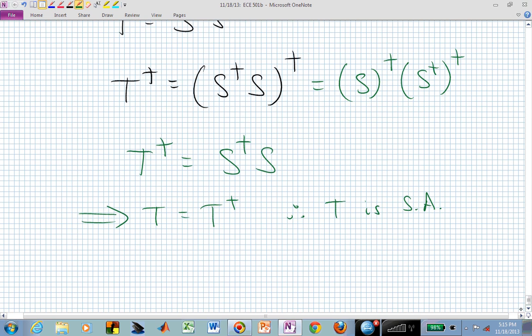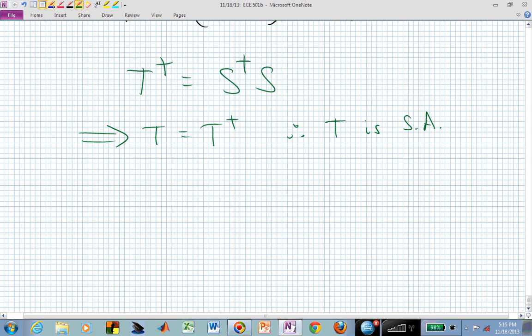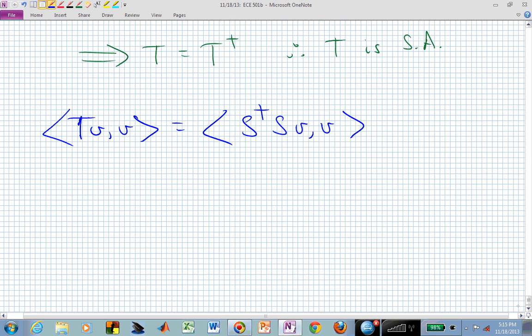And what do we need to do now? Now we need to show that it's non-negative when we form the appropriate inner product. So now for the second part of A, we can look at TV, V, inner product, but that by definition was S dagger SV, V. But we know how to use the inner product, we can now put that S dagger in the second slot with its adjoint.